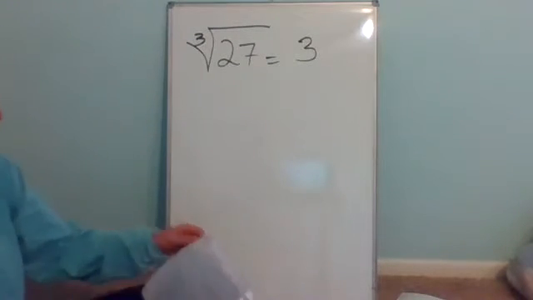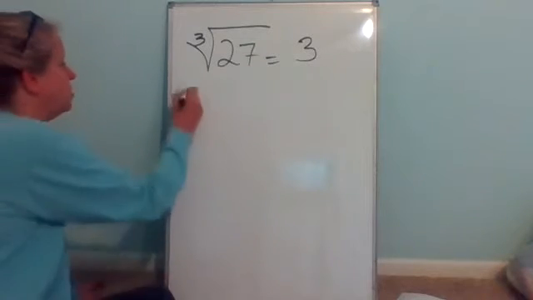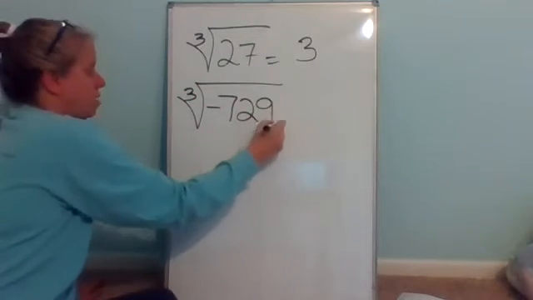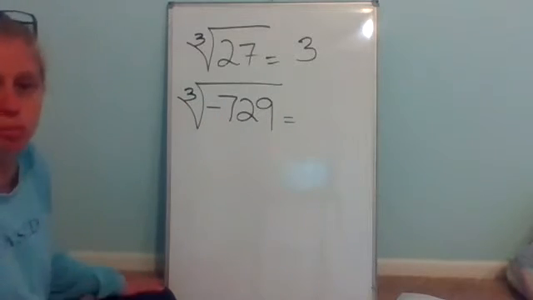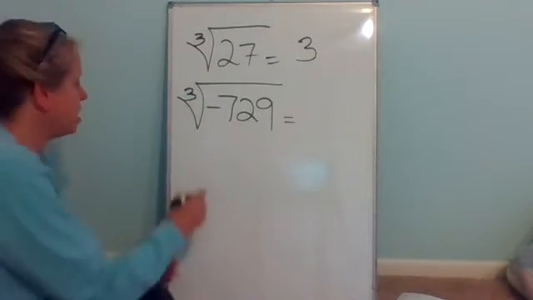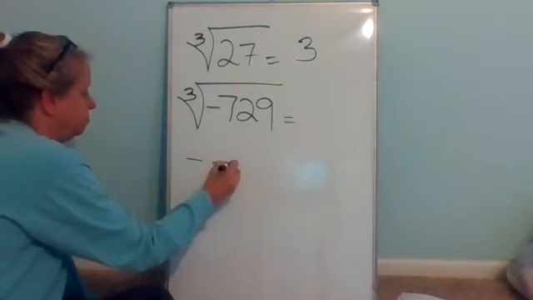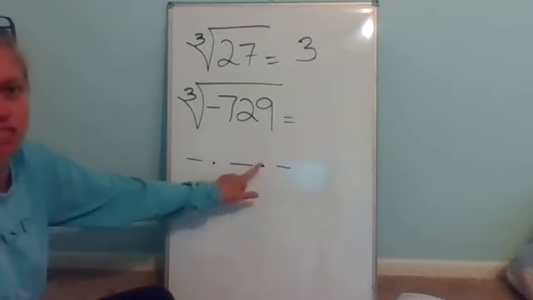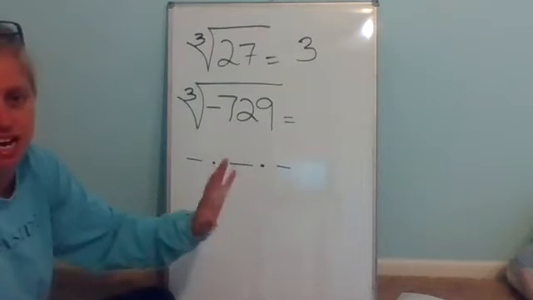Now, on number 11, we do have a negative underneath. But when you are taking a cube root, it is okay. Because what do you get when you multiply a negative number times itself 3 times? Any negative number.